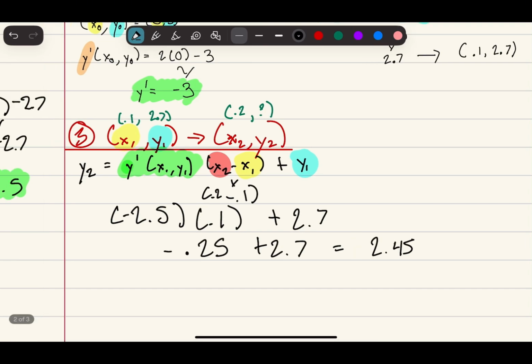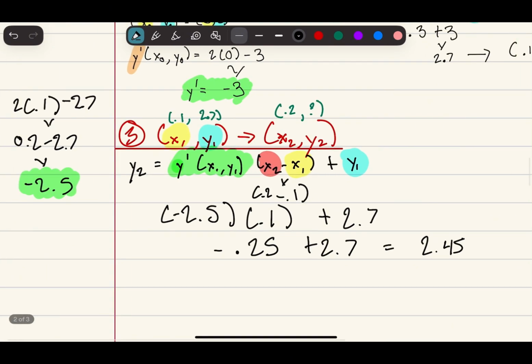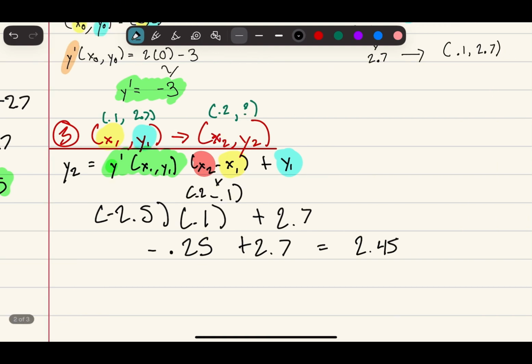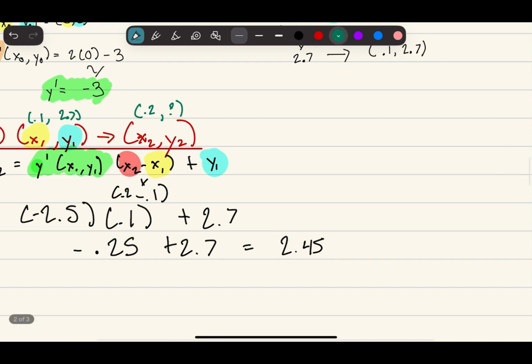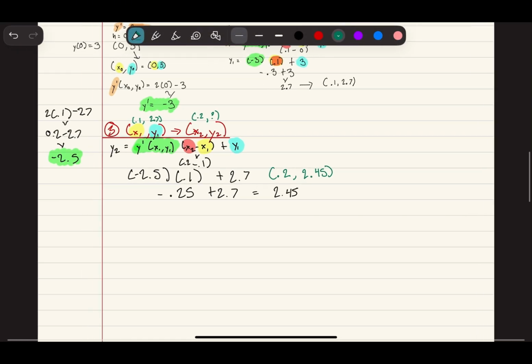And let me just make sure I'm doing my math correctly. Yeah, negative quarter plus 2.7. Yeah, 2.45. All right. And so this then equals, we have 0.2, 2.45. Boom. And then we're at 0.2.